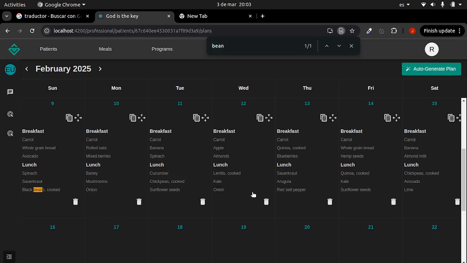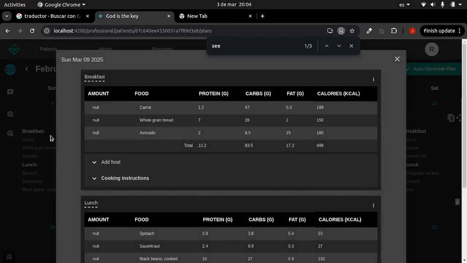We have here beans, lentils, peas, chickpeas, other greens also. Seeds, we have here a lot of seeds, not seeds for 3 days. Carrot, I believe that more is my problem because the amount has one problem.